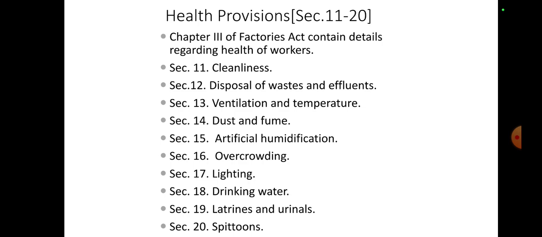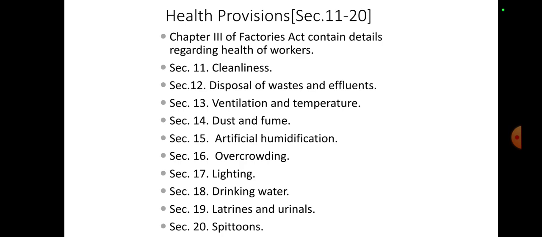So, here he is obligated to provide the necessary conditions for maintaining good health of the workers. Such conditions include cleanliness and conditions with respect to disposal of waste and effluents, ventilation and temperature, dust and fume, artificial humidification, overcrowding, then lighting, drinking water, latrines, urinals and spittoons.